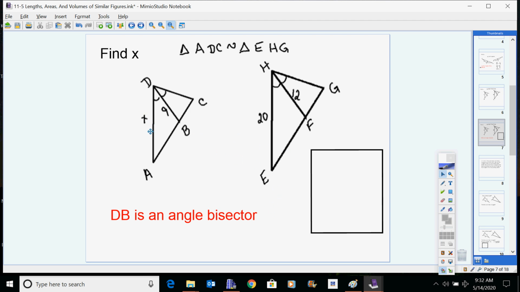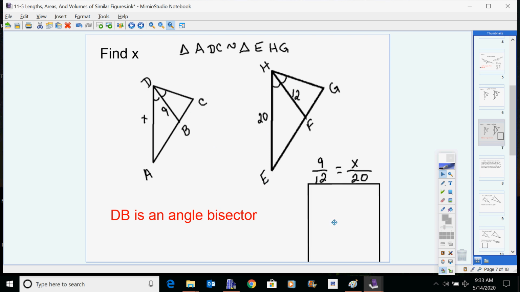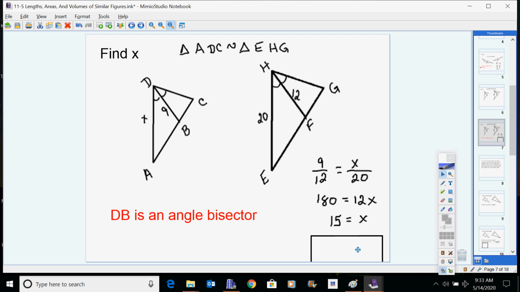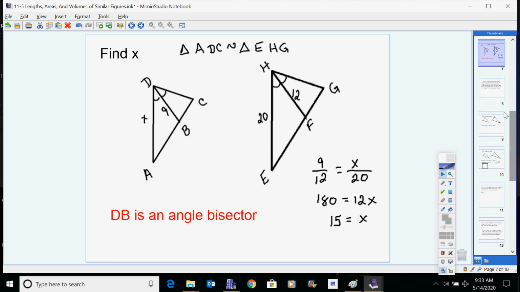All right, so x goes with 20, like 9 goes with 12. It's a fraction. And once again, you can cross multiply. 9 times 20, 180 equals 12x. Divide both sides by 12. And in this case, x equals 15. So nice friendly proportions. A lot of what we're doing today is nice friendly proportions.